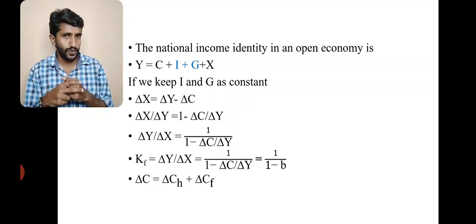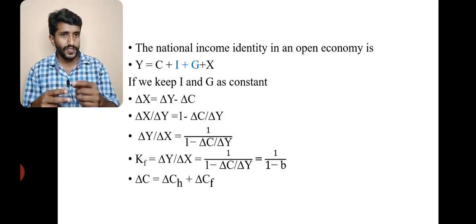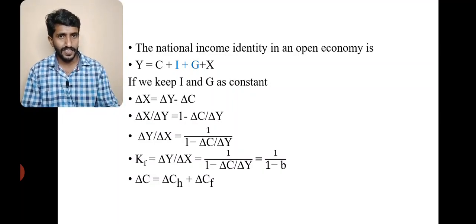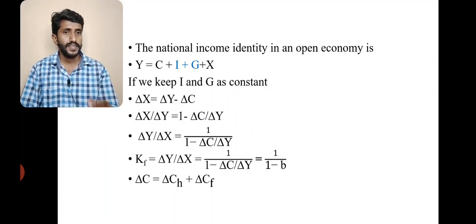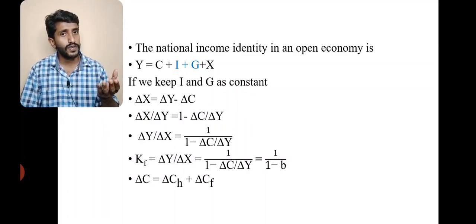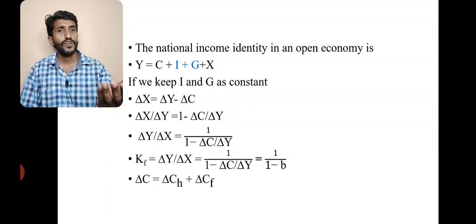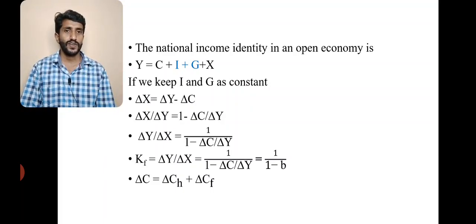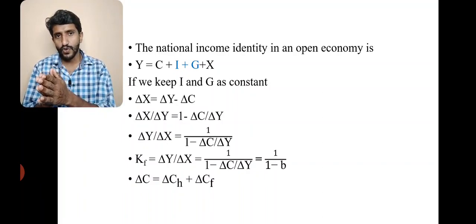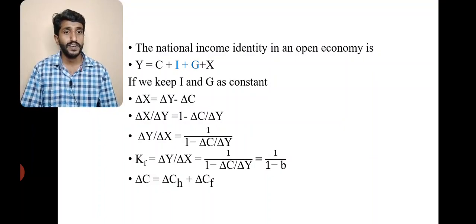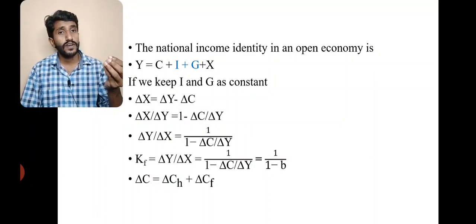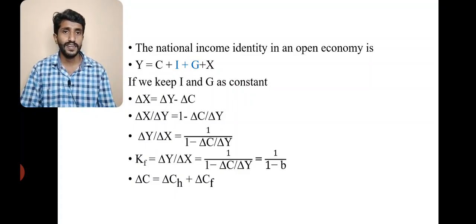So if we take change in C, it may happen because of two factors: change in consumption of domestically produced goods plus change in consumption of foreign goods. If you are consuming domestically produced goods, it is simply consumption. But if we are consuming more goods produced in foreign countries, then it is an import.